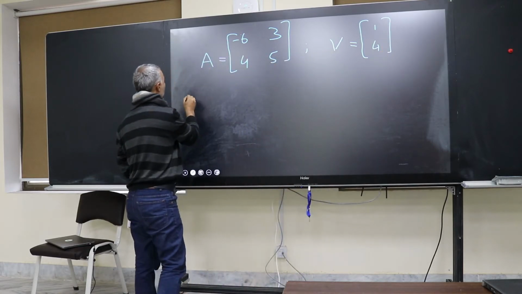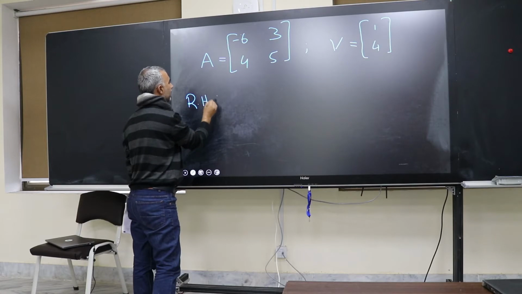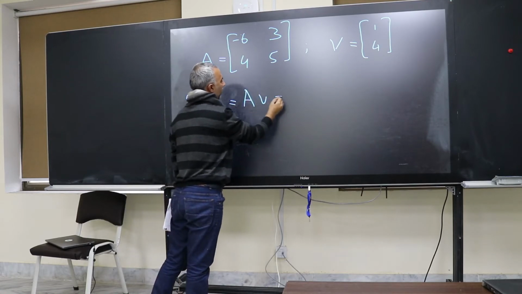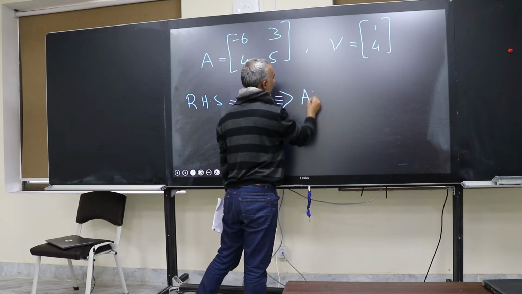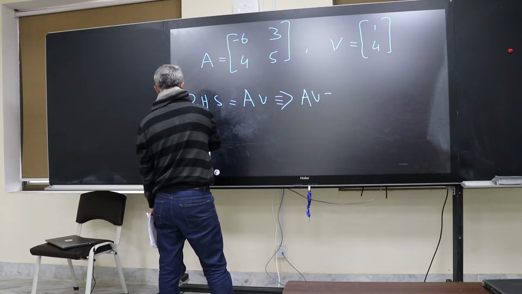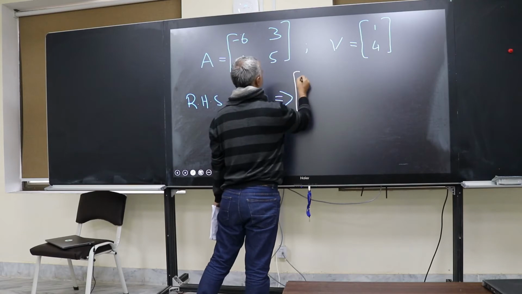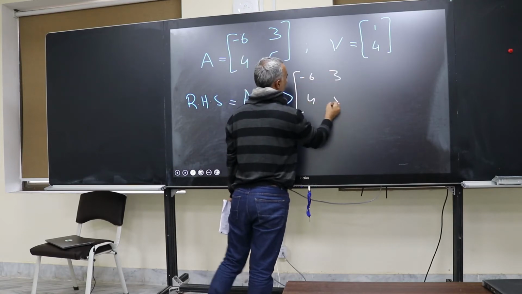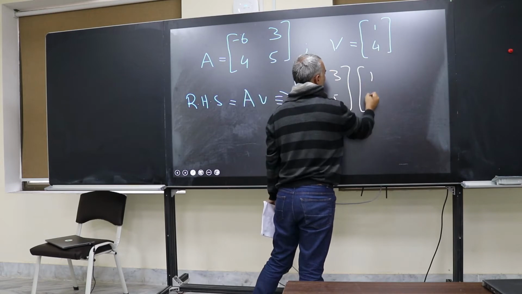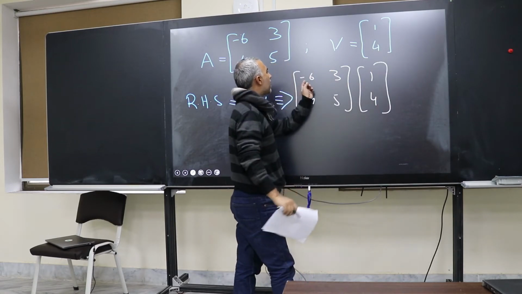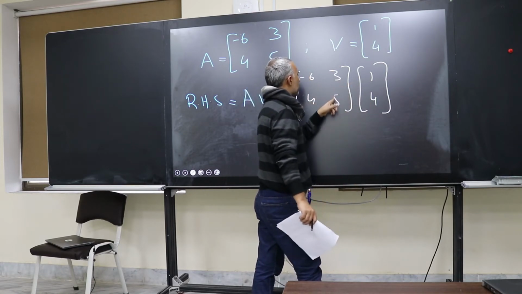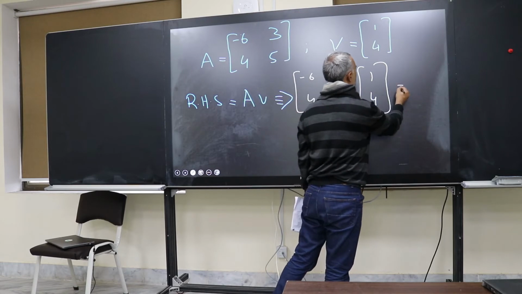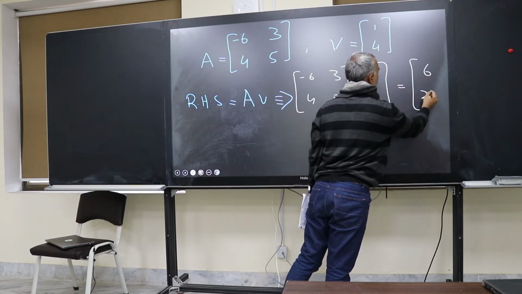If we consider the right hand side expression, we can multiply this matrix A with V. For the first row, minus 6 plus 3 4s are 12, which gives 6. Then 4 1s are 4, 4 5s are 20, which becomes 24, so we will have [6, 24].